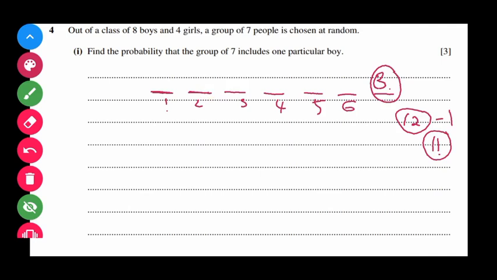That means 6 to be chosen from the 11 students. In how many ways? In 11C6 ways. Do you know 11C6 is 462.